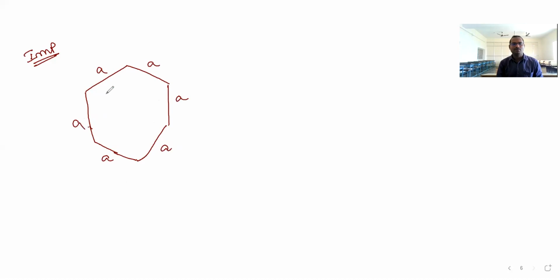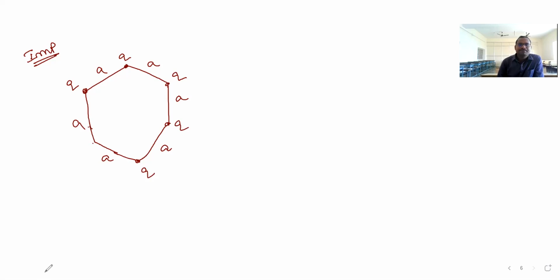Let us suppose here one hexagon is there. Your benzene structure like this. And each side of hexagon is, let us suppose, a. Now on its 5 corners, charges are placed, q and q, and one corner is left free.